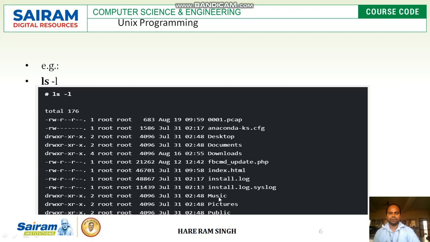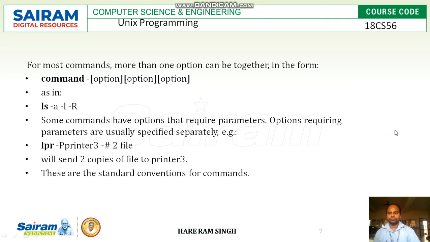Now if I give ls minus l and an argument, suppose music, then only the information about that particular file will be displayed, not all. But since we have not given an argument, it displays all the files present in the current working directory. If we give ls minus l music, only this line will be displayed here.